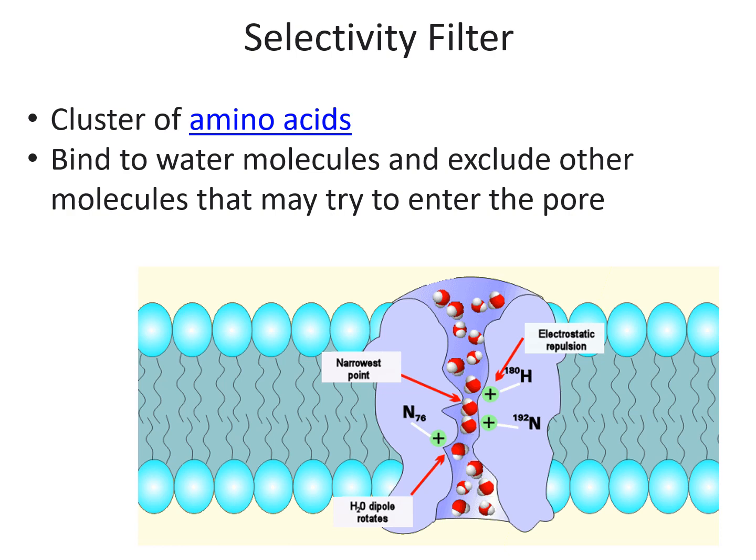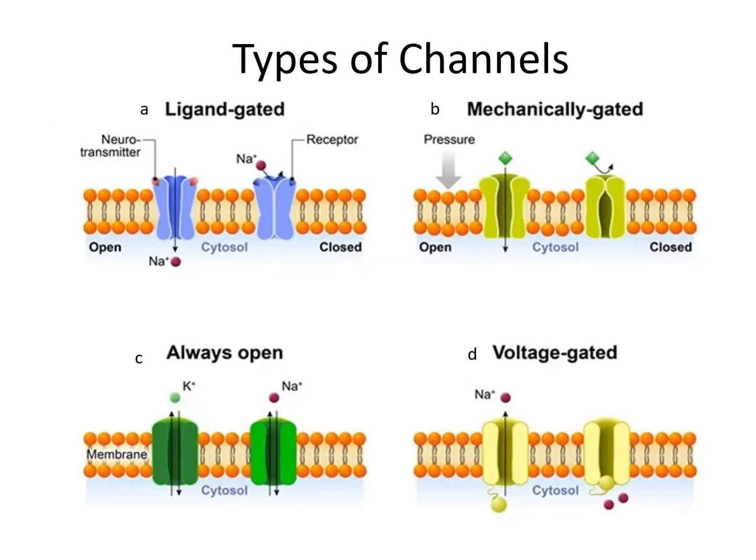Water is a polar molecule, so these charged amino acids attract the polar water molecules in such a way that they allow entry of these molecules in a single file from outside of the cell membrane to the inside of the cell membrane.